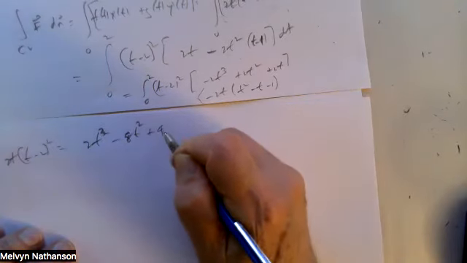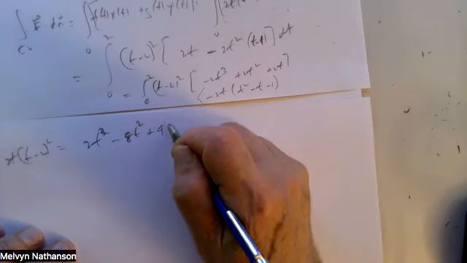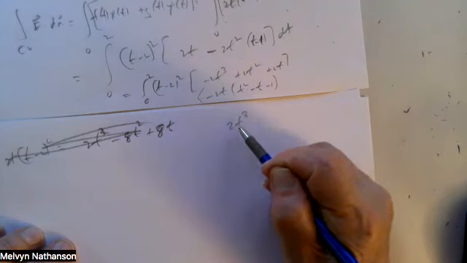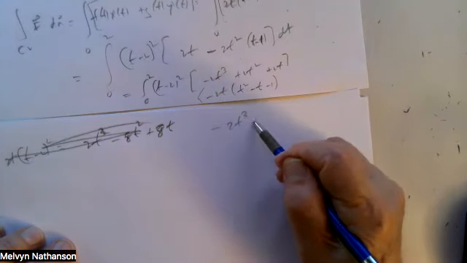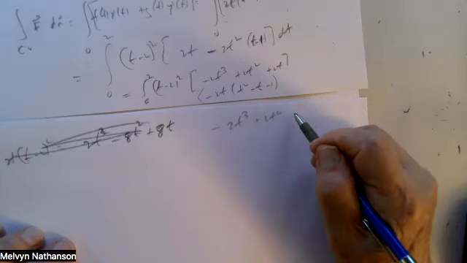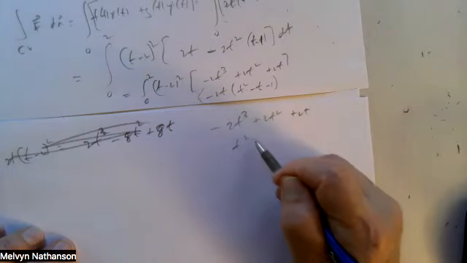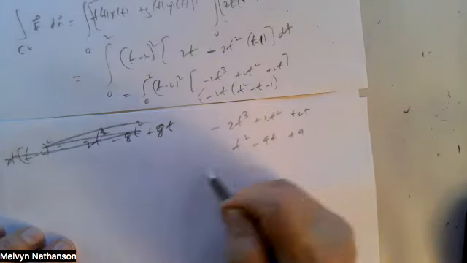So that's 2t cubed minus 8t squared plus 8t. Then this is minus 2t cubed plus 2t squared plus 2t, multiplied by t squared minus 4t plus 4.